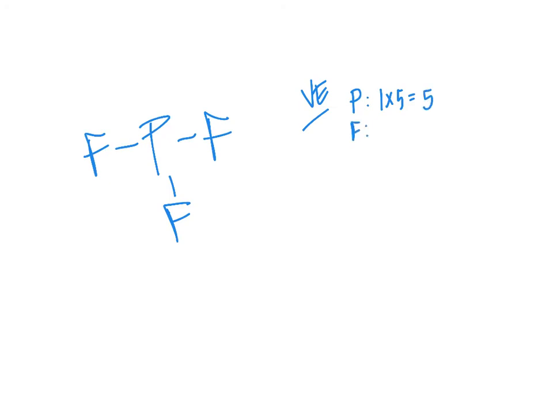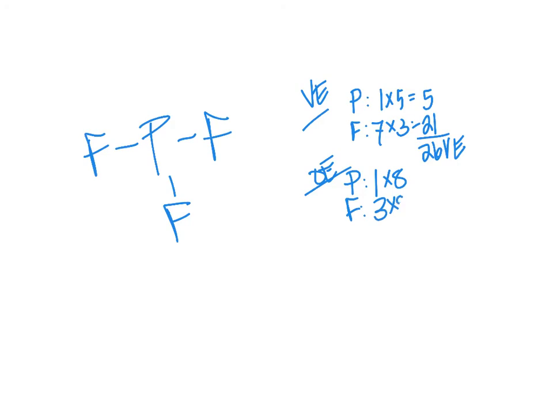F is in family 7, and it has 7 valence electrons, so 26 valence electrons. Octet. Phosphorus wants 8. Fluorine wants 8. So 8 and 24 equals 32 octet electrons.